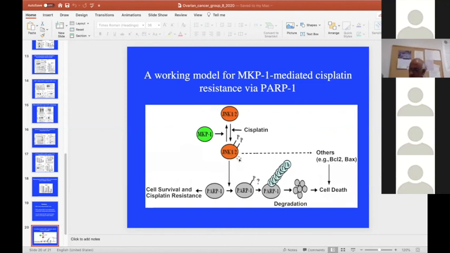When JNK is activated, it can phosphorylate PARP1. When PARP1 is phosphorylated, it tends to be ubiquitinated and degraded, and cells more easily undergo apoptosis. On the other hand, if PARP1 is not phosphorylated, it becomes more stable, and cells tend to survive more easily, and are also cisplatin resistant.